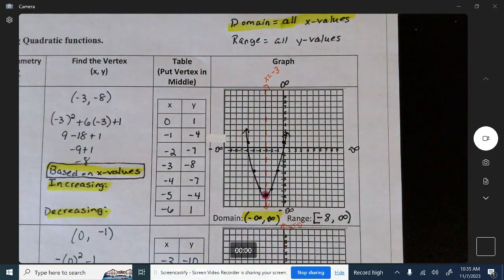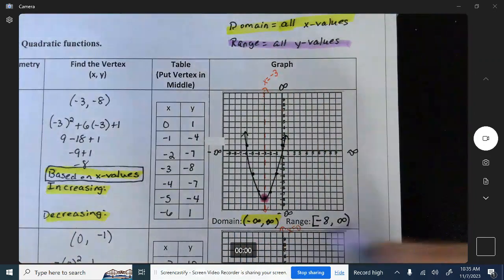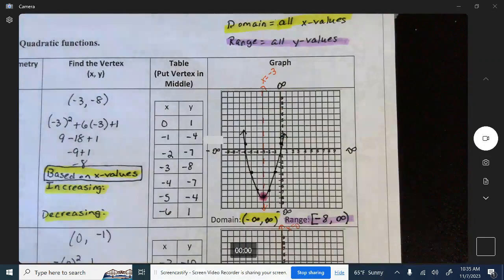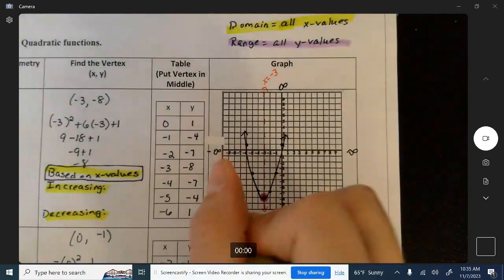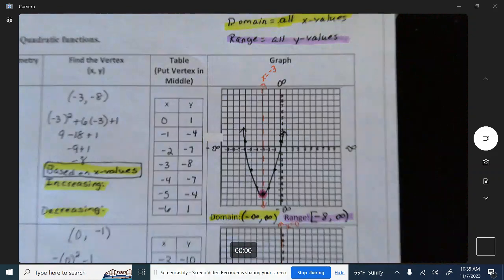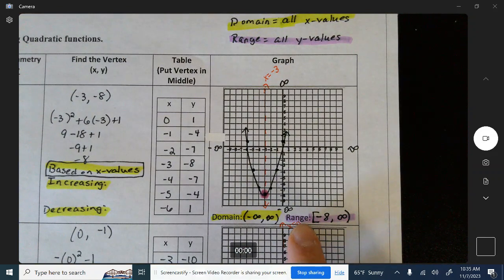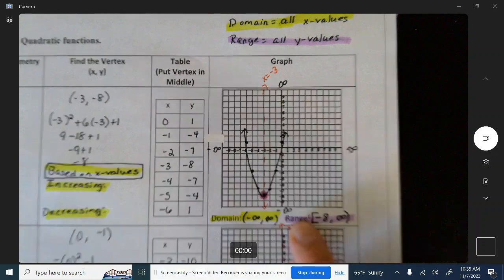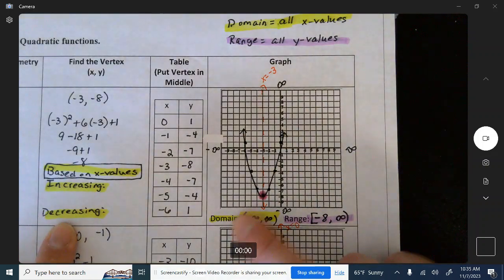So all of the yellow has to do with X values. The purple is based on Y values. Okay? So your Y values are purple. And notice the only thing that's a Y value is range. The only thing you base Y values on is your range. Everything else, domain, increasing and decreasing, is based on X values.